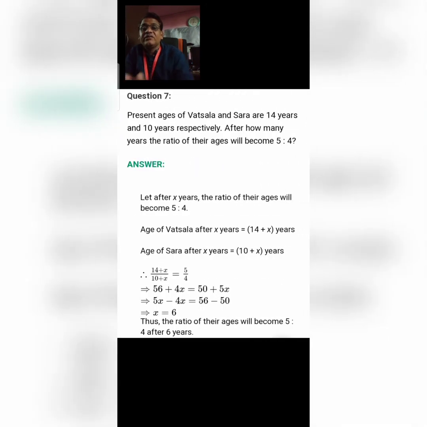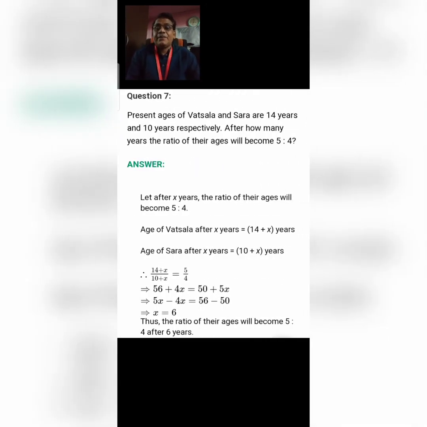The present age of Abha's mother is 5x, means 5 into 9, it is 45 years. Thus the present ages of Abha and her mother are 18 years and 45 years respectively. You get it now? That is how to find the present ages.